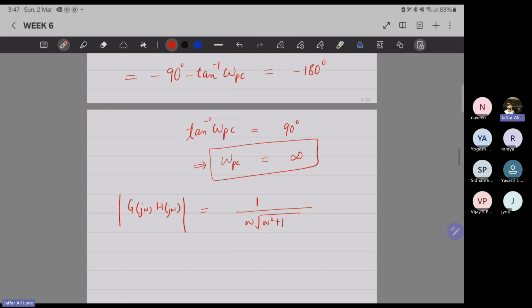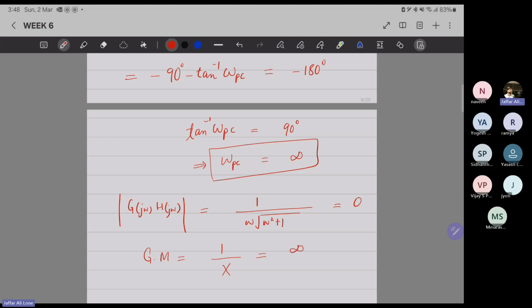So this is the magnitude. And when we put omega as infinity, it will be 0. Right? So then gain margin is what? Gain margin is 1 over magnitude. 1 over magnitude means gain margin is infinity.